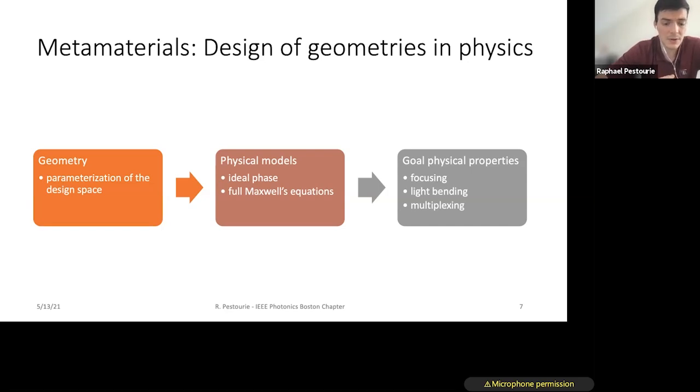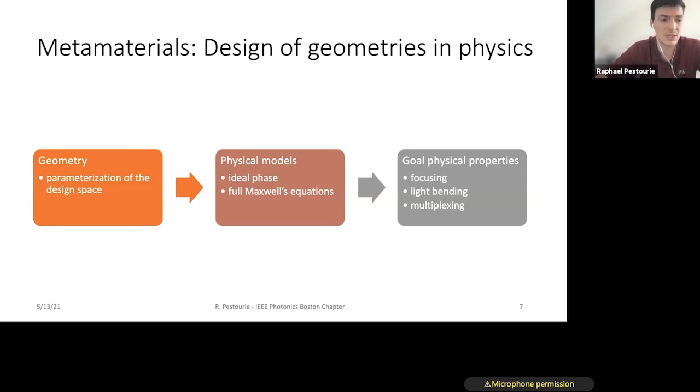You can have models that are simple or more complicated or physically very complete. It can be as simple as trying to match an ideal phase at the level of the metasurface, which definitely doesn't solve for the field everywhere, but it's a simple model. Or you could try to solve the full Maxwell's equations, as I told you.